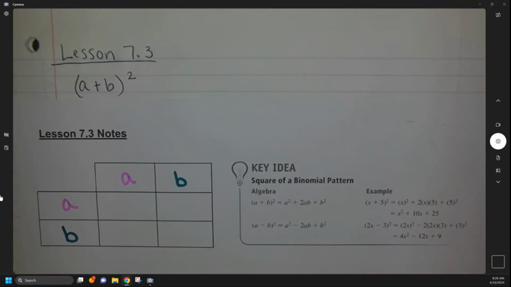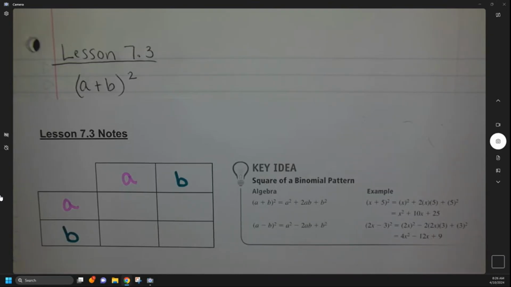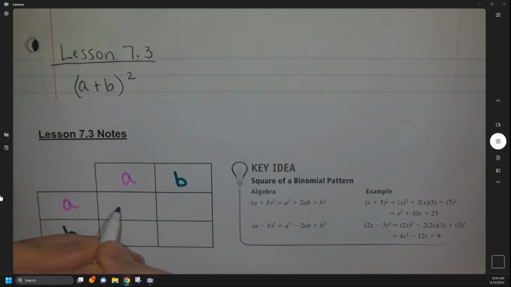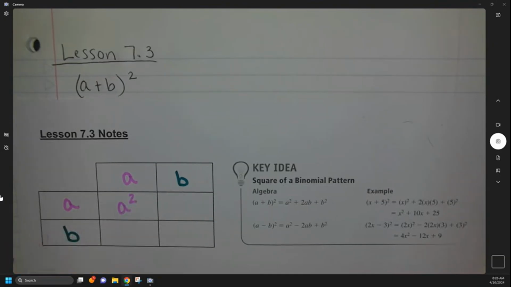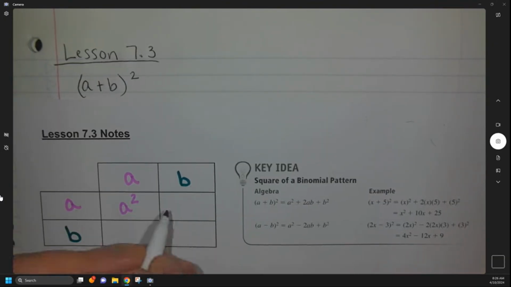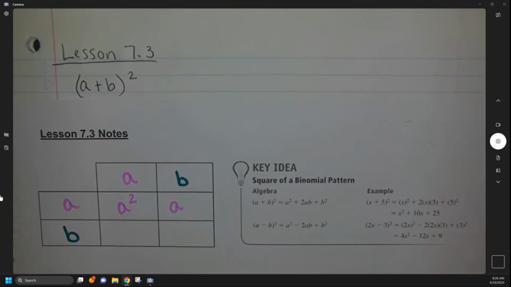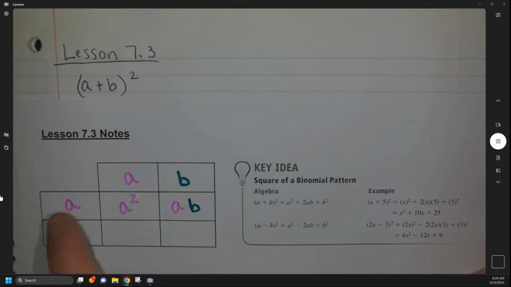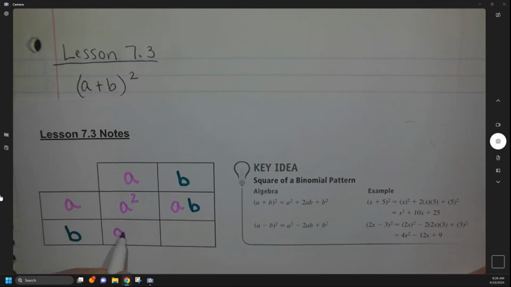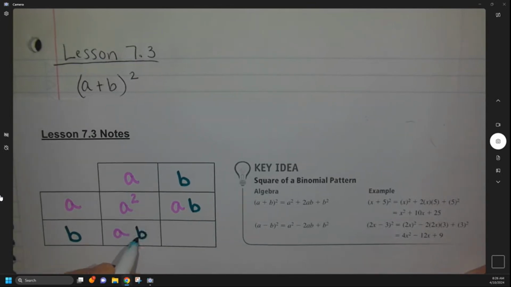So when we multiply these, on that first box, we've got A times A, which is A squared. We have A times B, which is AB. And then we have A times B here, which is AB.